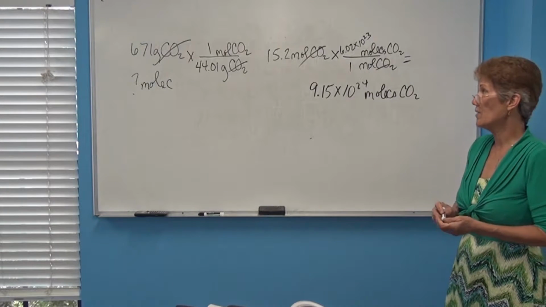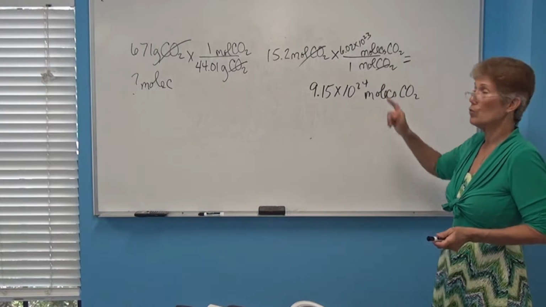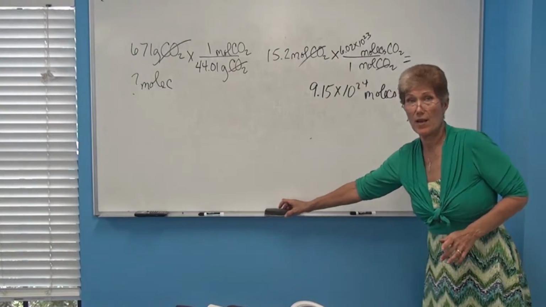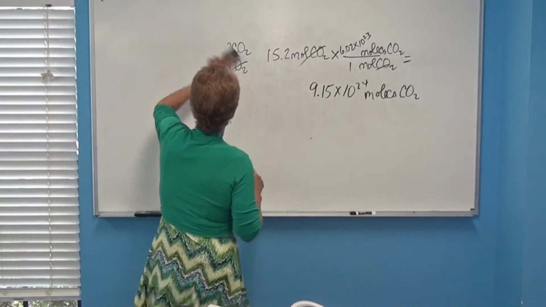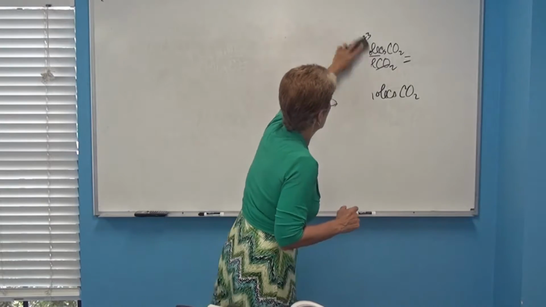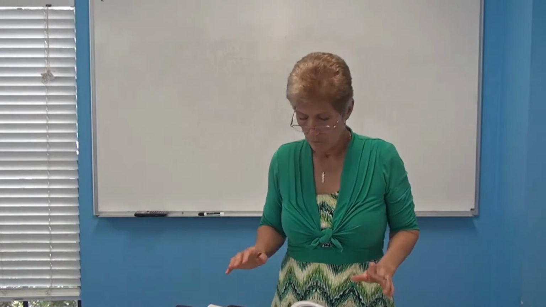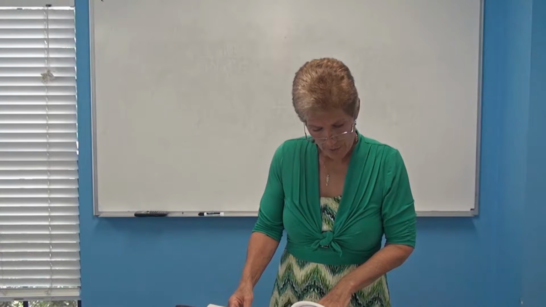So you took your mass, you went to the moles, and then from the moles you were able to convert it into the molecules so that you could say how many individual molecules there were in that mass. Once again, if your significant figures were off, then take off a point. Okay, let's go on to the next one.